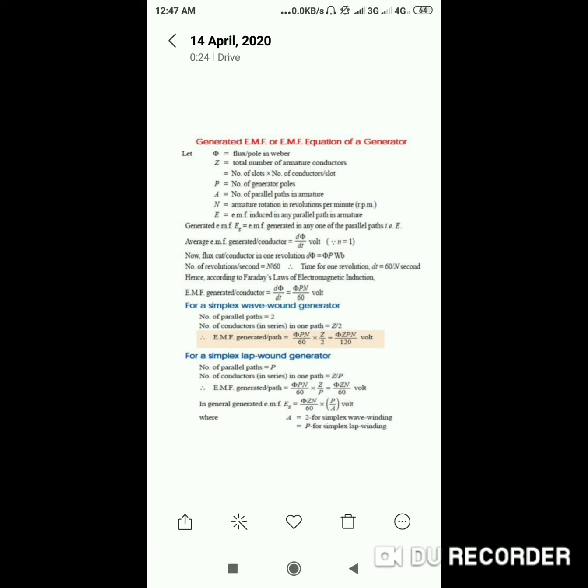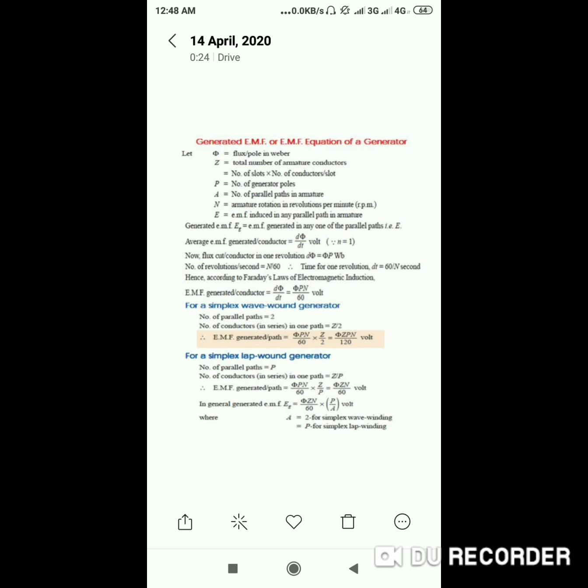This is a combination of number of slots into number of conductors per slot. These things are very useful while solving problems, which I'll explain when it comes to problems.